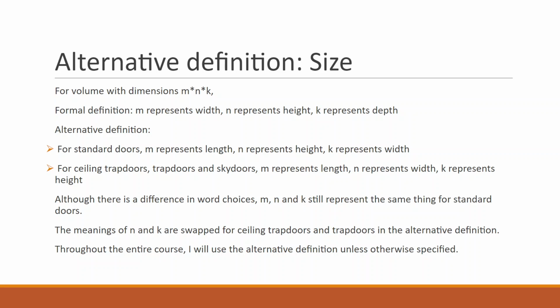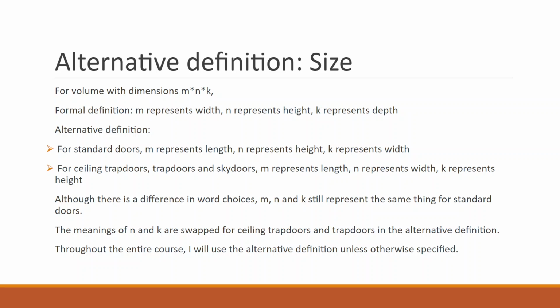So in here, you can replace the word width with length and also depth with width. Even though we have changed the wording, what they mean is exactly the same. And for ceiling trapdoors and sky doors, the meanings of N and K are swapped.